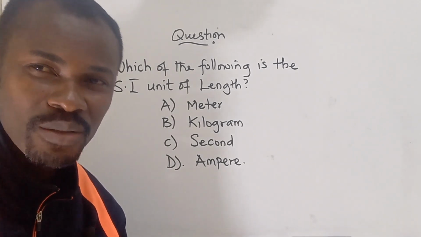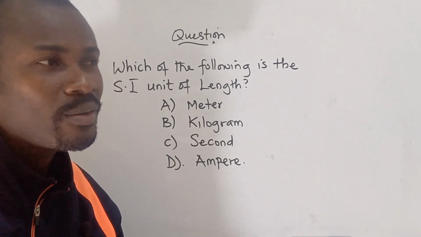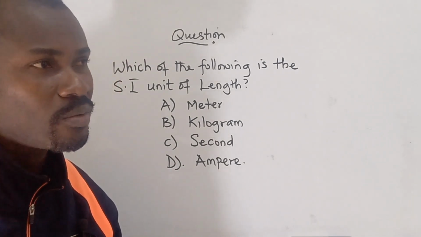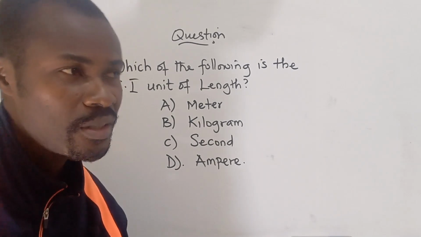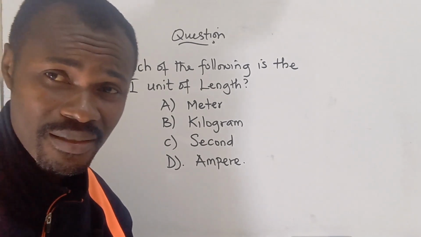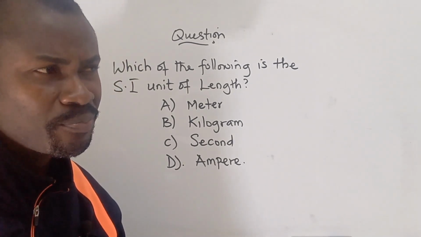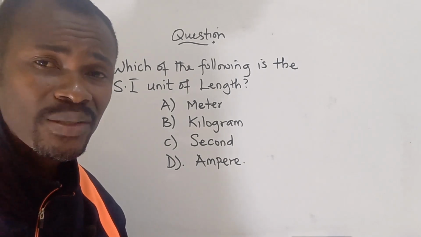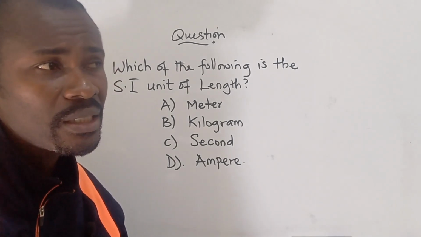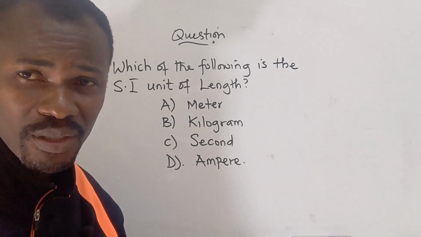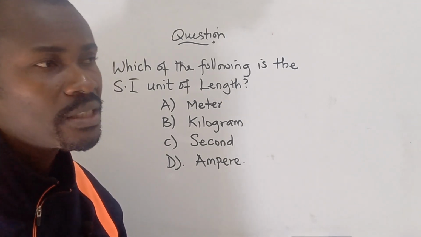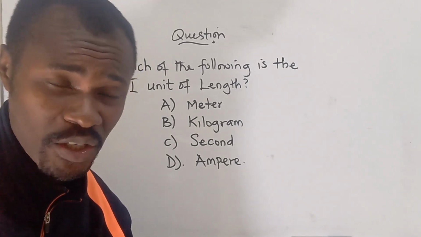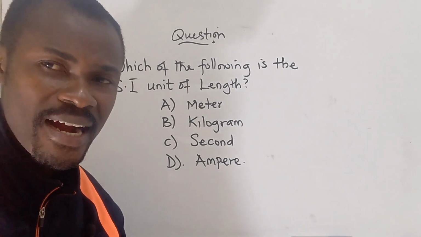Now in physics, measurement is very, very important. All over the world, when it comes to a scientific approach to measurement, there is a standard which the world has come to agree upon, which we call SI units. That's the International System of Units.